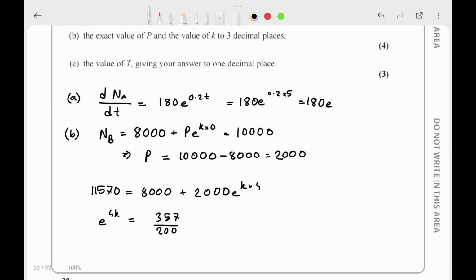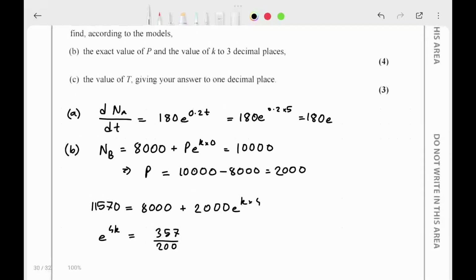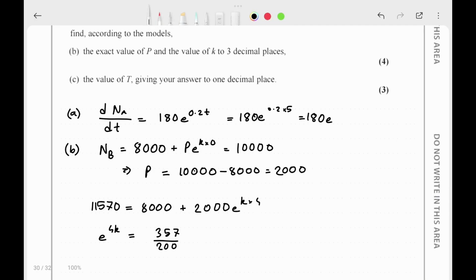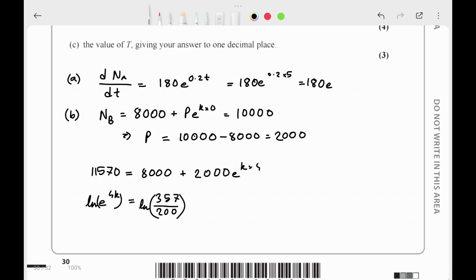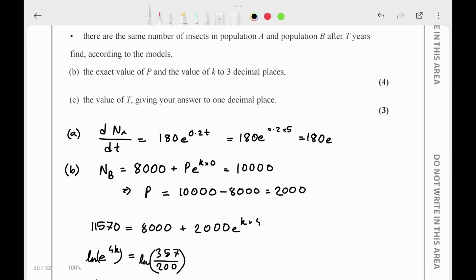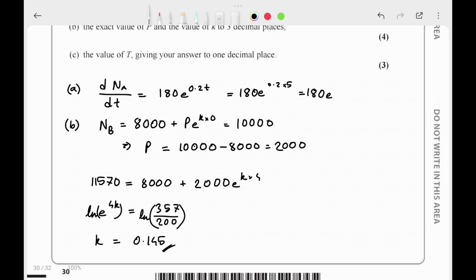And we can introduce ln on both sides, and we can find the value of k. So k is going to be 0.145. And that's our answer. It's 3 decimal places. Yep. 0.145 and p is equal to 2,000.